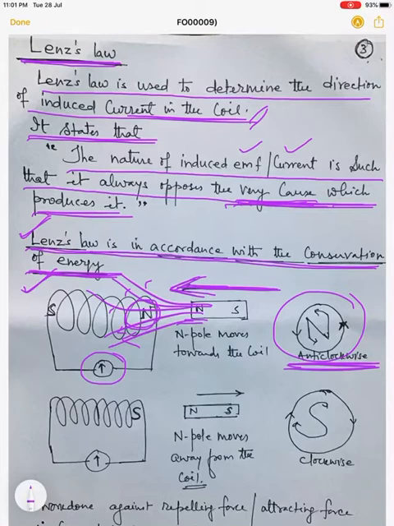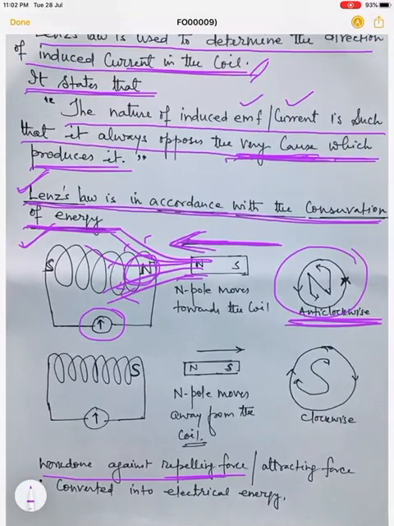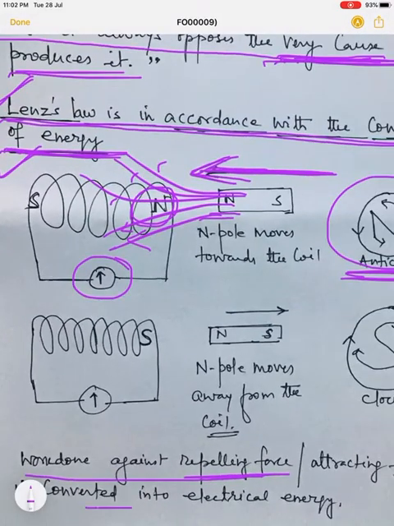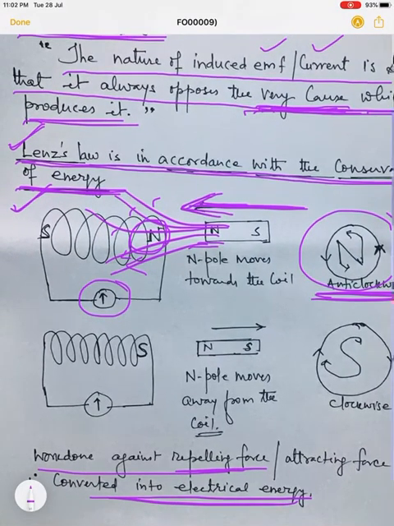So this gives the direction of current in the coil, and the explanation that this north pole opposes the north pole movement. As a result, work done against the repelling force is now converted into electrical energy. Right? So this is the first part.